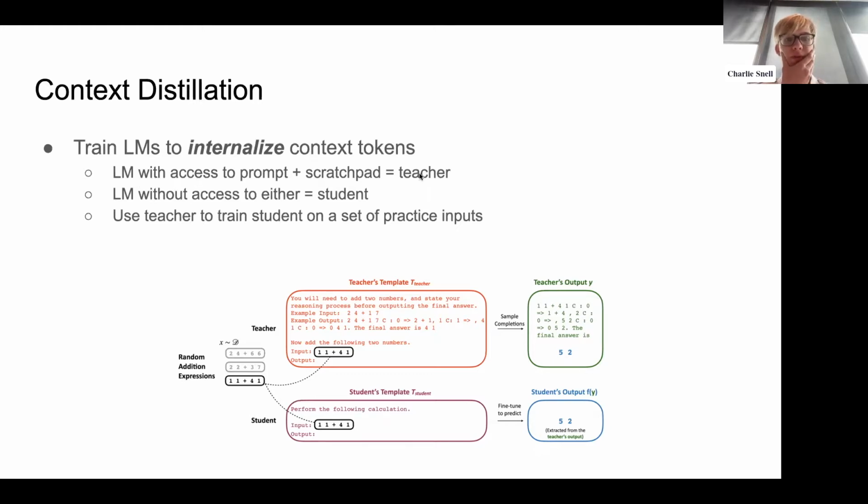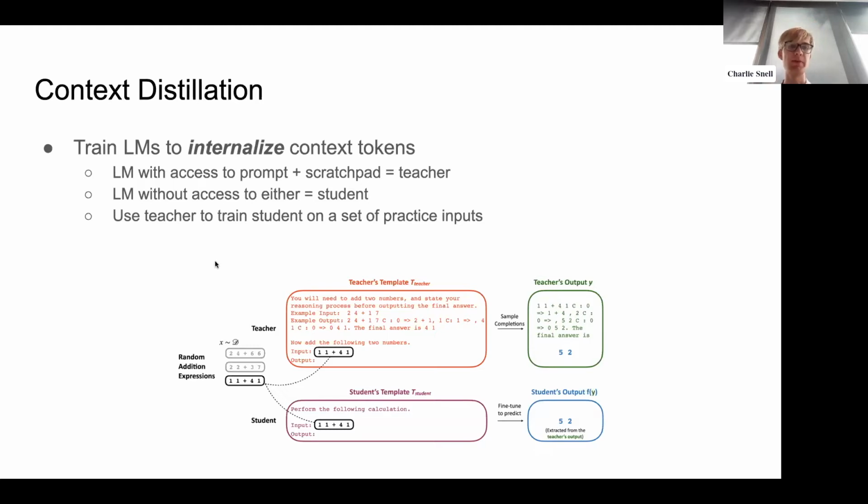We have two models here in our distillation process. One is the teacher and the other is the student. The teacher has access to a prompt and it has the ability to generate a scratch pad before its final answer. The student doesn't have access to either of these. So it has a more minimal prompt that doesn't really describe the problem, or fewer tokens, and it's supposed to just directly generate the answer without the long scratch pad.